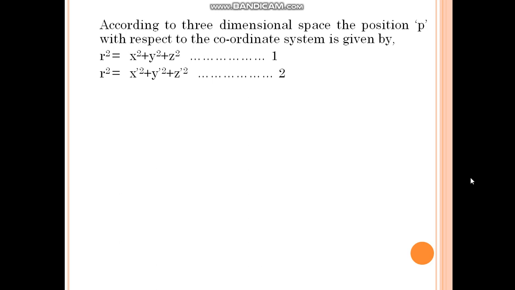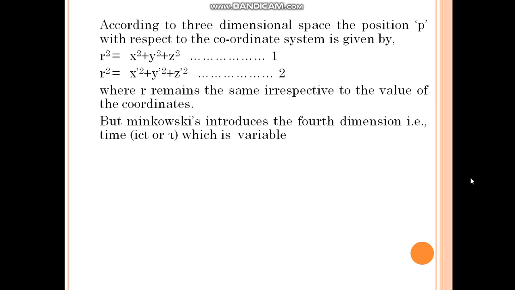According to three-dimensional space, the position P with respect to the coordinate system is given by r square is equal to x square plus y square plus z square. This is equation 1. r square is equal to x dash square plus y dash square plus z dash square. This is equation 2, where r remains the same irrespective of the value of the coordinates.